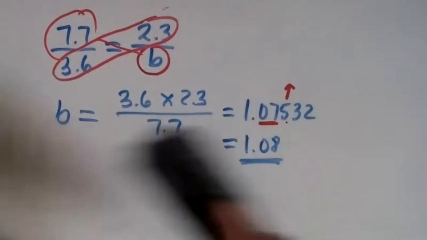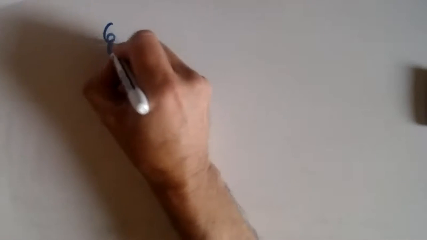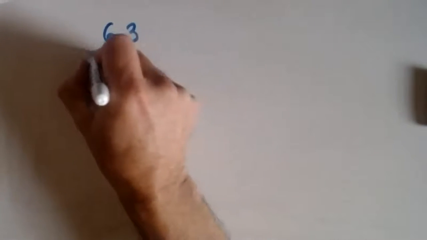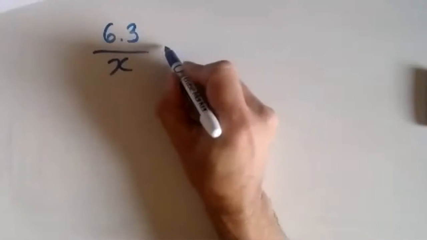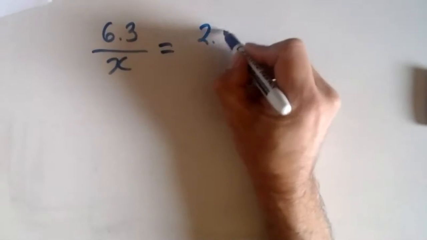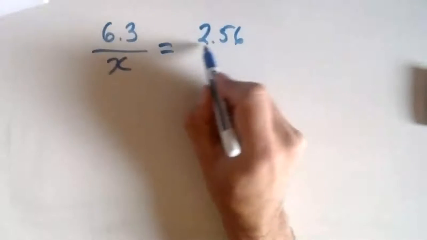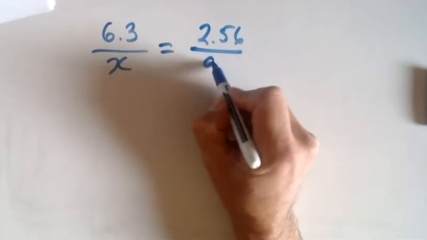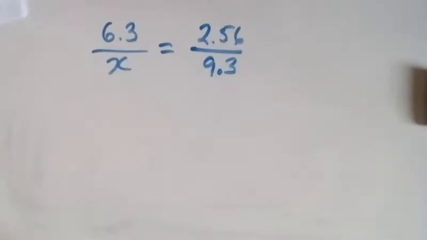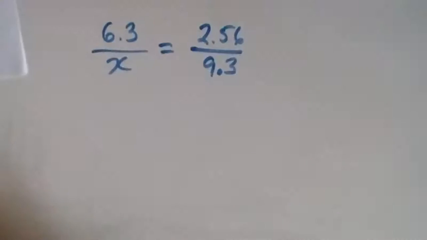Another example. The next problem is 6.3 over x equals 2.56 over 9.3. Don't worry about the decimals.